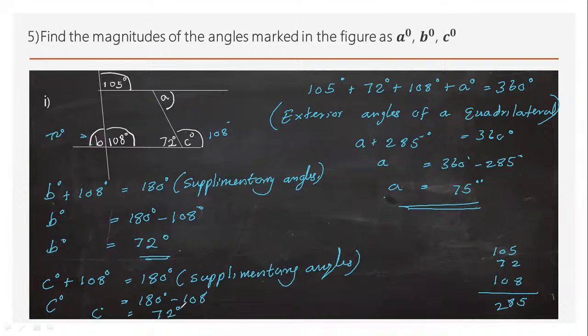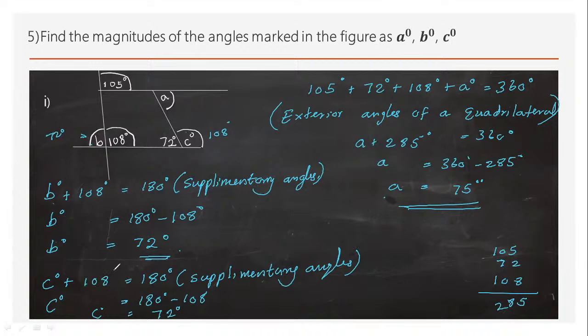B, yeah, that is 72. C angle here given 72. So it is 108. So there is a mistake. I will correct the mistake. Instead of 72, I have mentioned 108. So it's a big mistake, right?